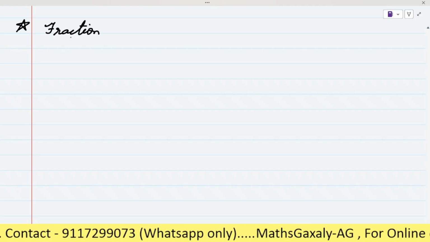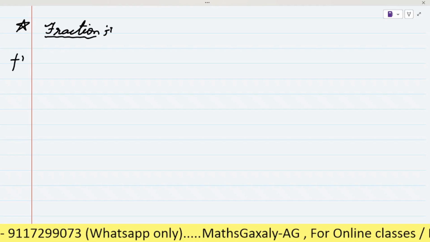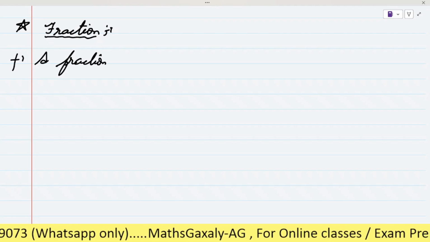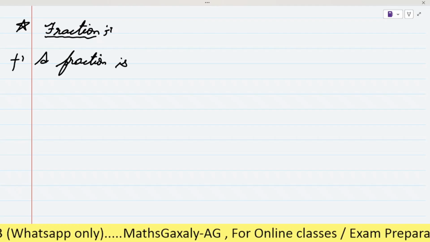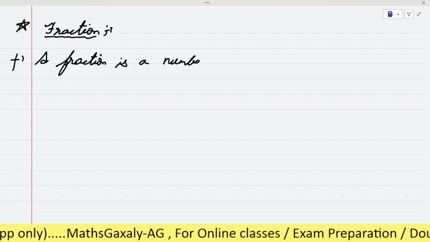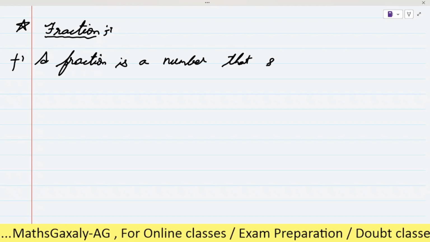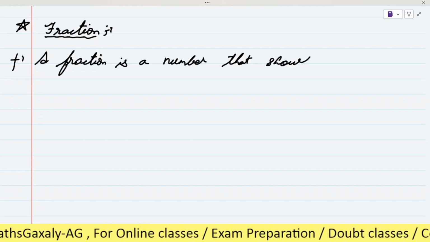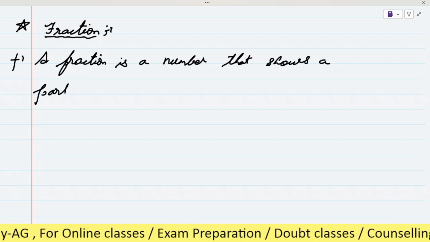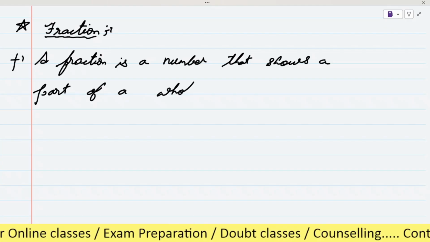Mainly we can say that a fraction is a number that shows a part of a whole. Okay, is it clear?